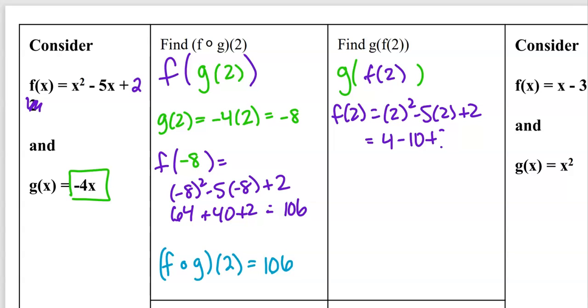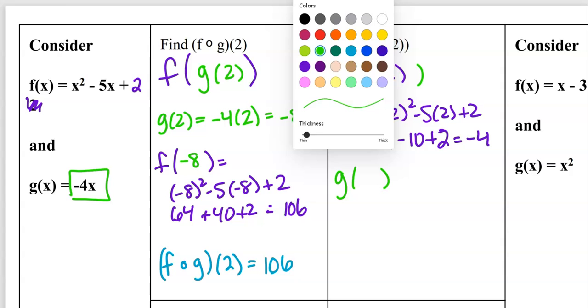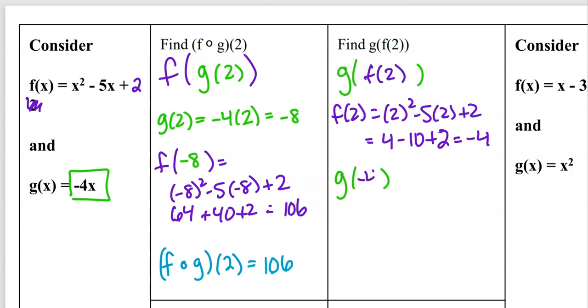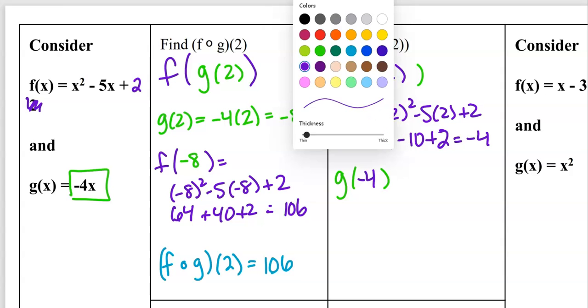You should have gotten what? Negative 4. So what are you going to do with that negative 4? Now you're going to plug it into G. Yep, go ahead and do that. So how do you set this one up?